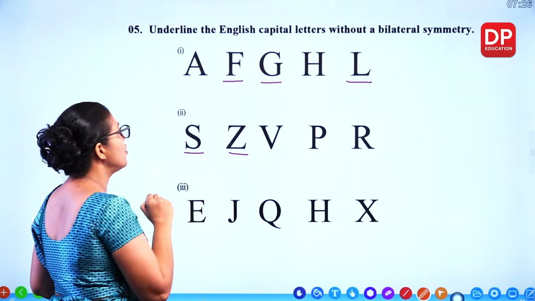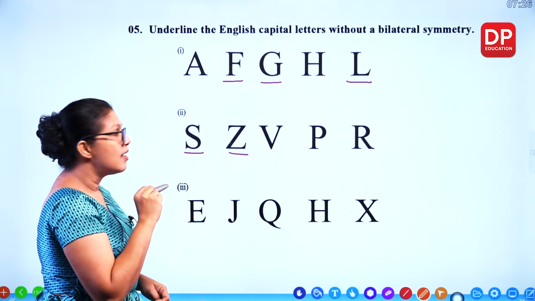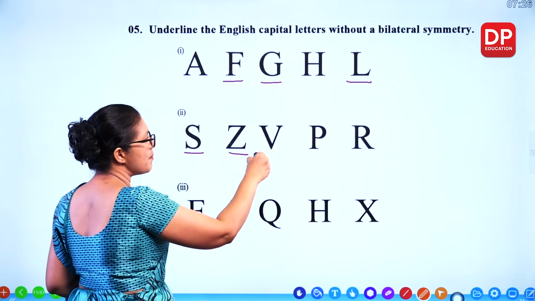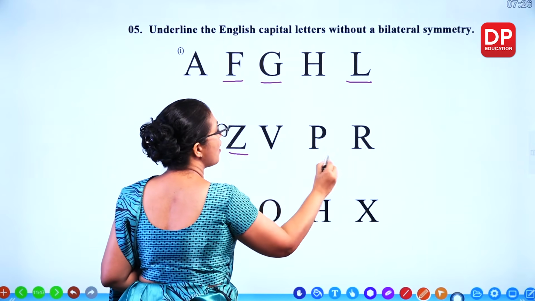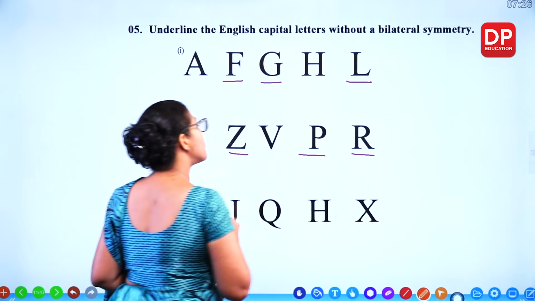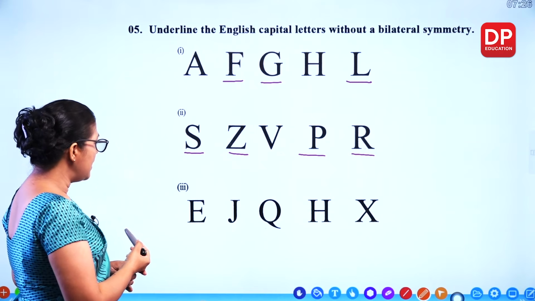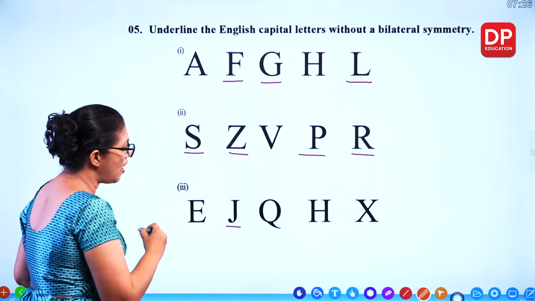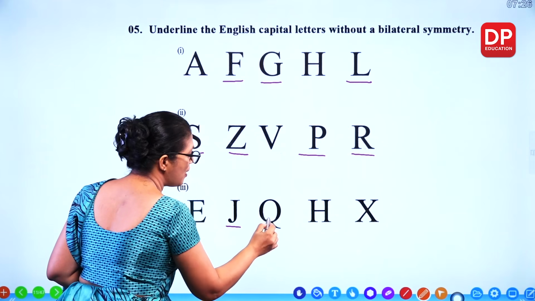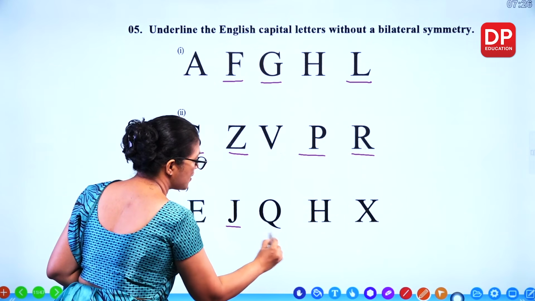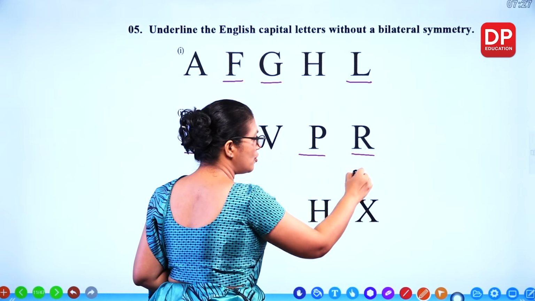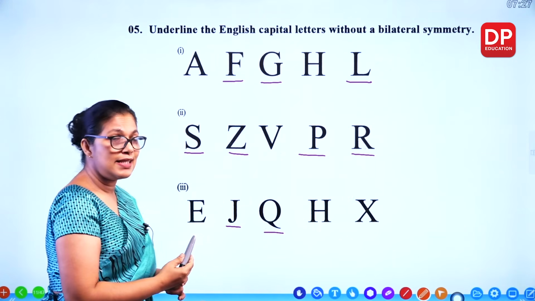Here also, you can't draw a line of symmetry. V, you can draw a line of symmetry. P, you can't draw. R, you can't draw. E, you can draw one line there. J, you can't. Q also you can't because of this part. H, you get. X also you get bilateral symmetry.